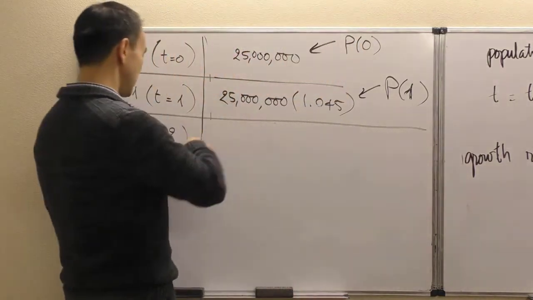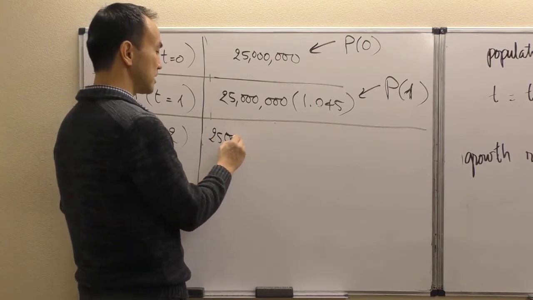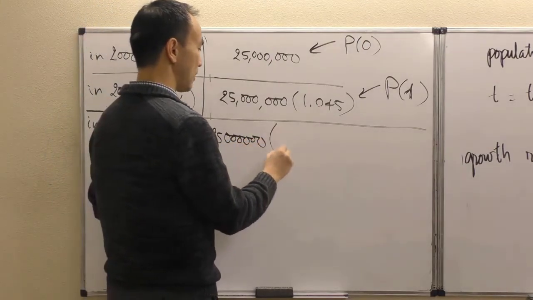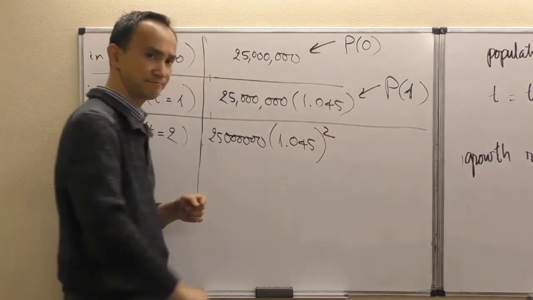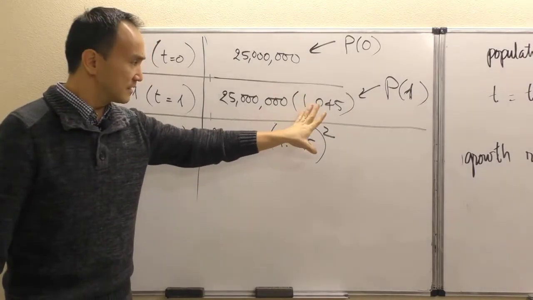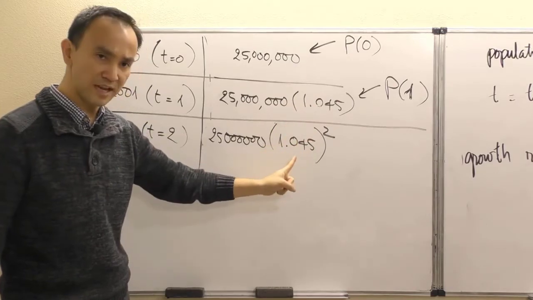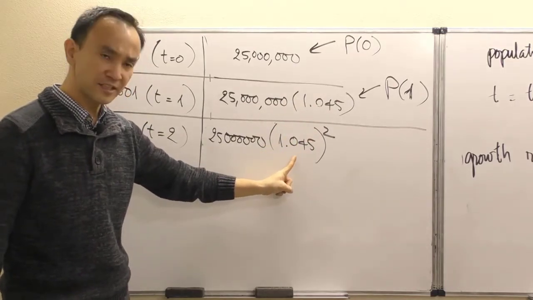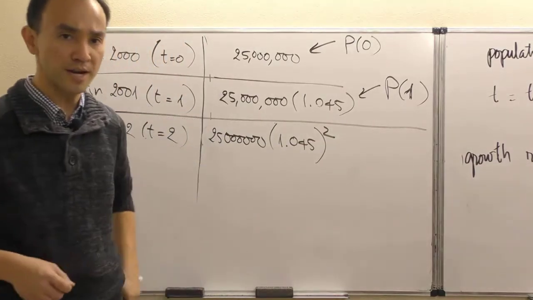In year 2 right here, I'm looking at 25 millions multiplied with 1.045, but really it's squared. So 2 years gone. We already had the factor here after step 1. And now in step 2 we multiply with that same factor, but now squared.